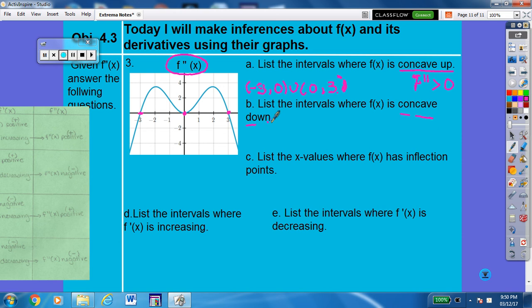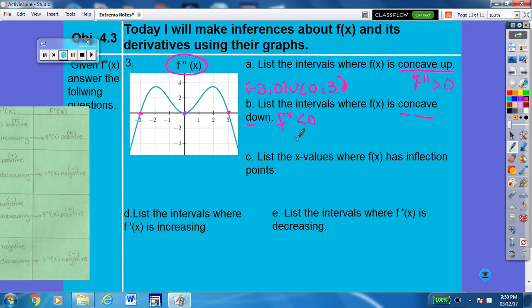Okay, now list where f of x is concave down. Concave down would mean that the second derivative is less than 0. So that would be all of the places where this particular graph is below the x-axis. And there are two places. It's -infinity to -3, and then 3 to infinity. And again, you're not looking at curvature because this is not the original graph. You're making an inference about that curvature based on what the second derivative being positive or negative means for the original graph.